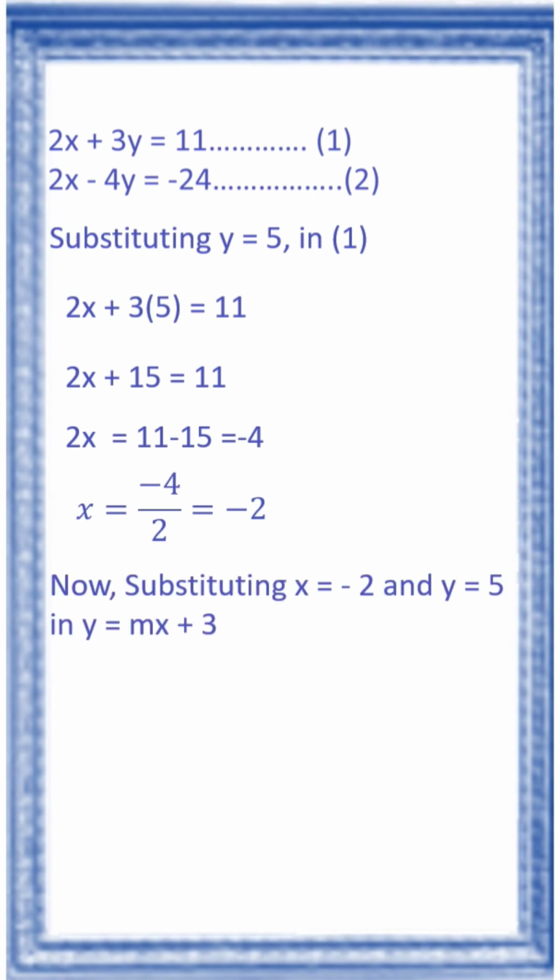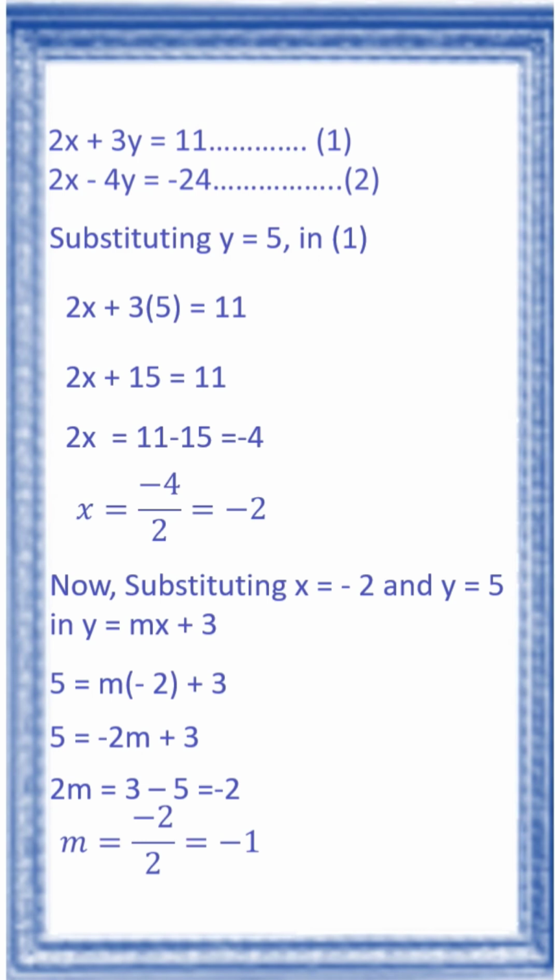Now substituting x is equal to minus 2 and y is equal to 5 in y is equal to mx plus 3. So 5 is equal to minus 2m plus 3. 2m is equal to 3 minus 5, that is equal to minus 2. m is equal to minus 2 by 2, that is equal to minus 1.